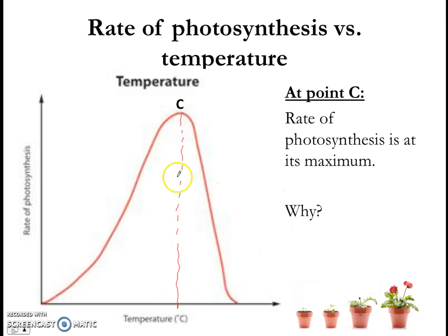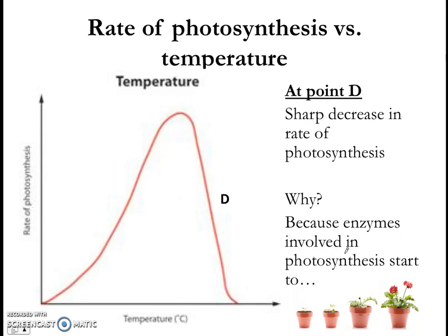Well, it's because at the optimum temperature, the frequency of collisions between the enzymes involved in photosynthesis and their substrates is at its maximum, right? So the explanation is exactly the same, except that when you talk about photosynthesis, make sure that you say enzymes involved in photosynthesis. So you are being very specific to the question, right? Don't just talk about enzymes, but talk about the enzymes involved in photosynthesis.